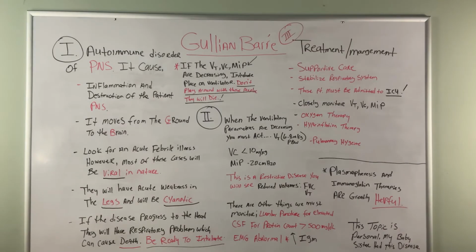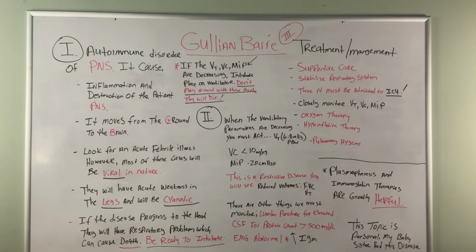For the TMC exam, you will have to know a few things about neuromuscular diseases and disorders. One of the main disorders I have listed on my board. And again, we'll work from the left side of the board to the right side of the board. Number one is an autoimmune disorder of the peripheral nervous system.